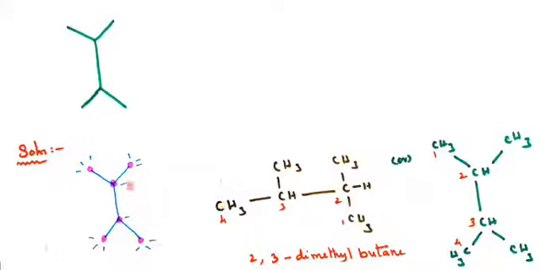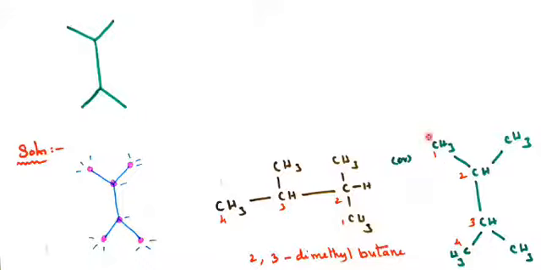I have written CH3 here, then CH linked with CH3, CH linked with CH3, then one bond, CH linked with the 2 CH3. We can write in this form, or write the structure as it is: CH3, single bond, CH linked with CH3, CH linked with CH3, and then CH linked with the 2 CH3.